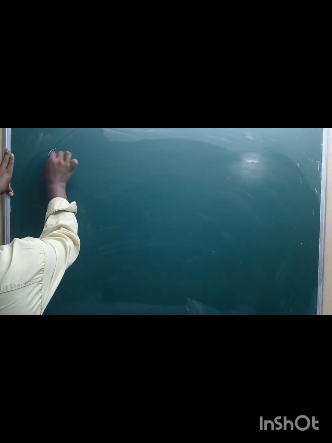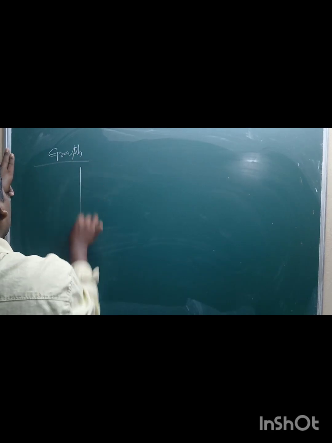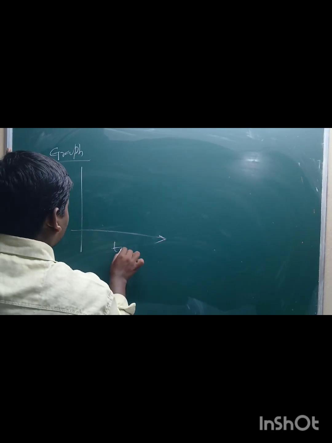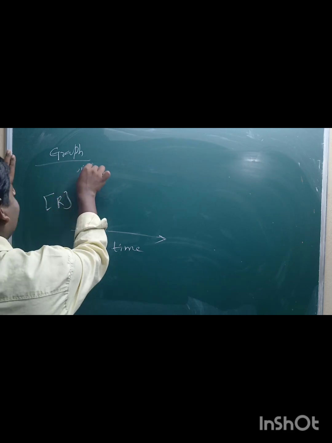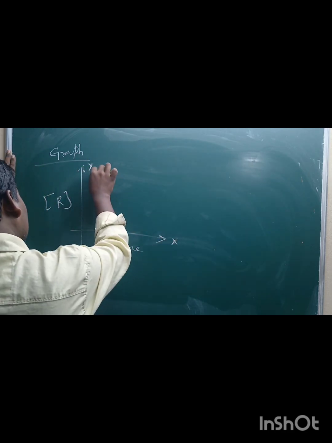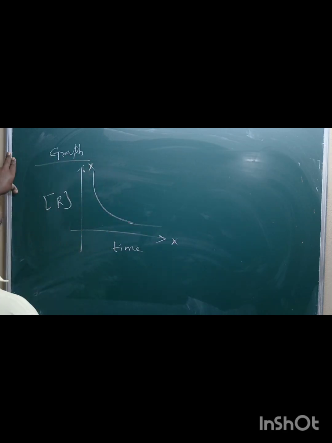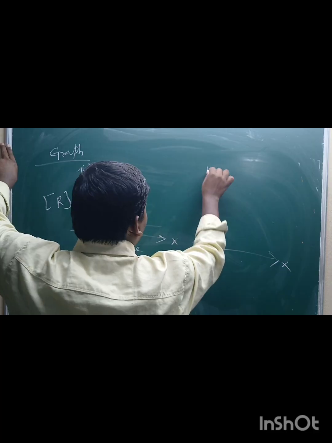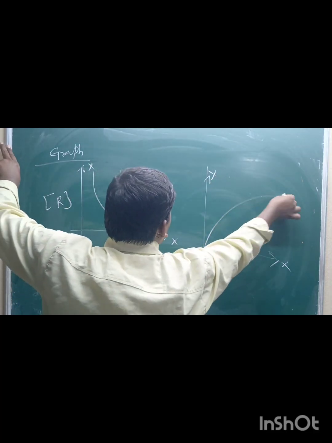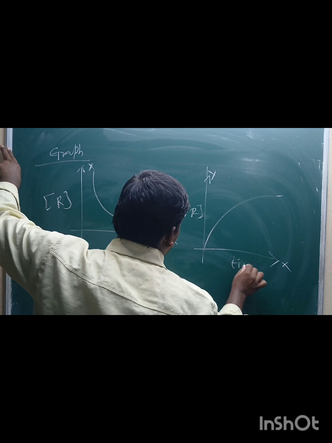Now graphs. The graph for rate of reaction: this is the time, and this is concentration of reactant on the y-axis. Decrease in the concentration of reactant per unit time, or if you take product, increase in the concentration of product with time.